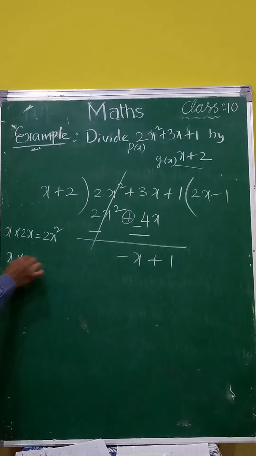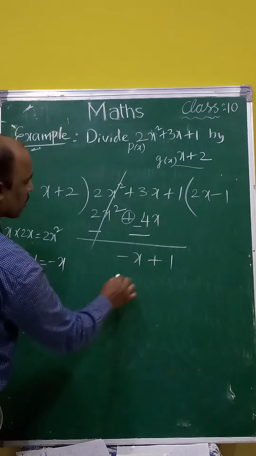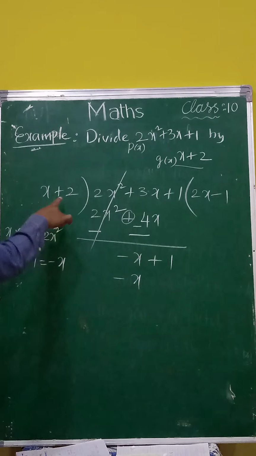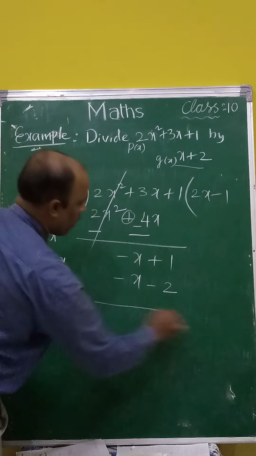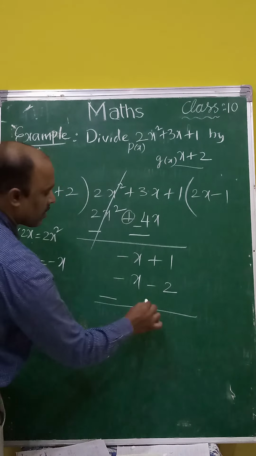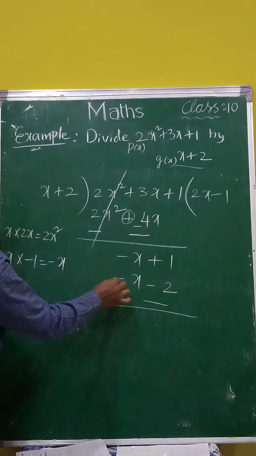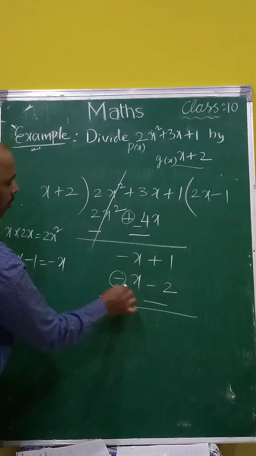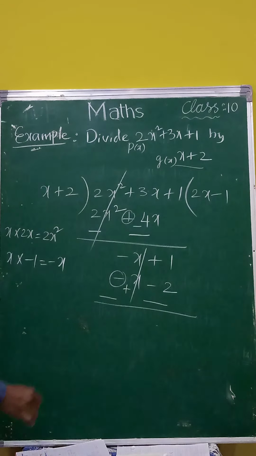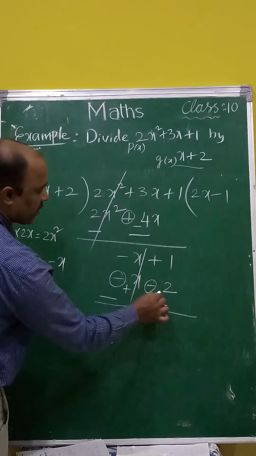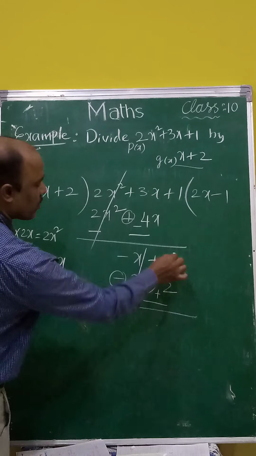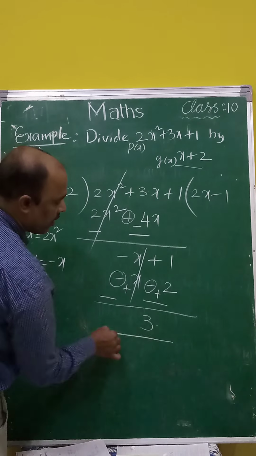X into minus 1 is minus x. 2 into minus 1 is minus 2. Subtract: minus into minus is a plus. Cancel the first term. That is 2 plus 1. What is the answer here? 3.